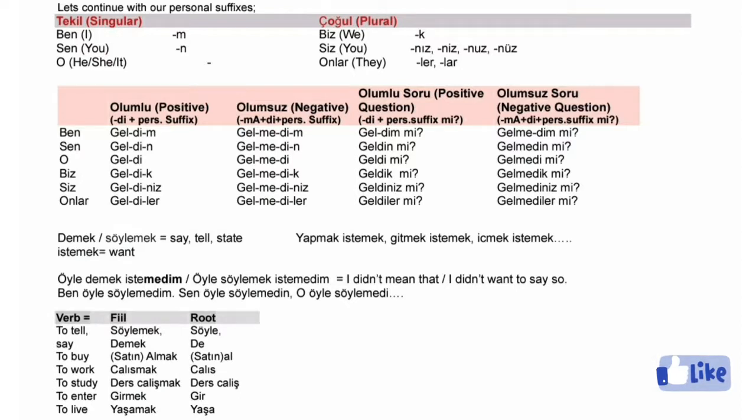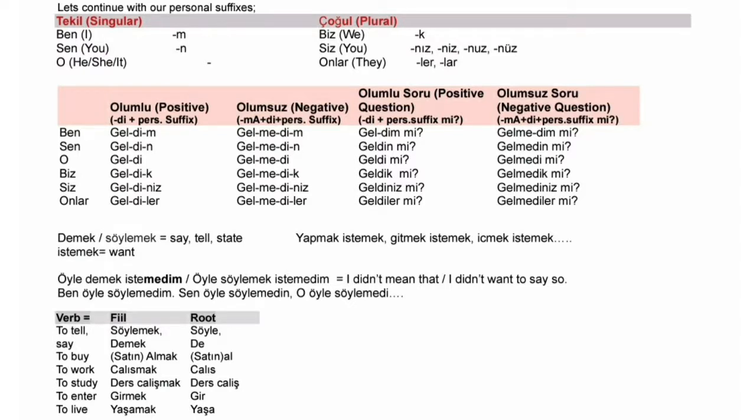As you can see, with siz, it was normally sınız, siniz, sunuz, sünüz. Now it is nız, niz, nuz, nüz. We just removed the s. And biz has changed, it became k. And with ben and sen, we removed the i before. It was im, in, now m and n.